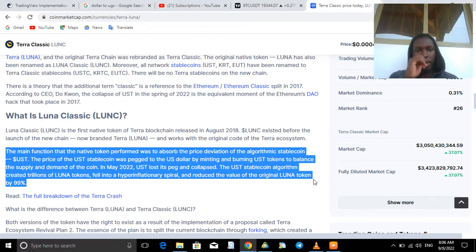So that's why they came out with the idea of rebranding this currency and making a new one, which is Terra Classic at the moment. But the old one, which crashed all the way from $100 to 4 zeros, was rebranded from Terra Luna to Terra Classic.